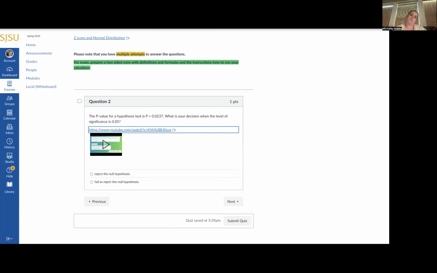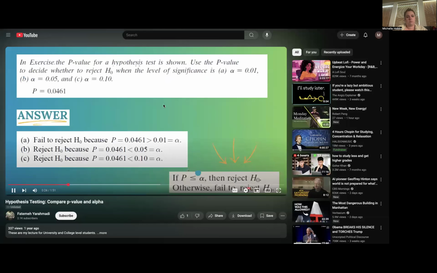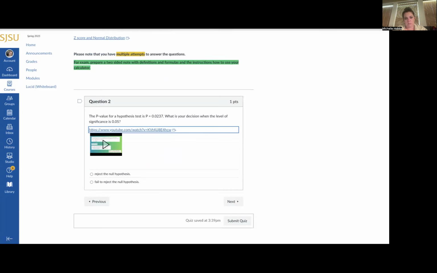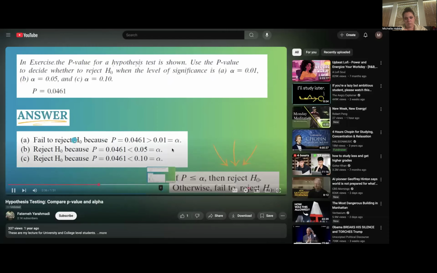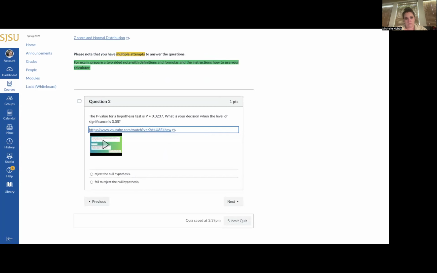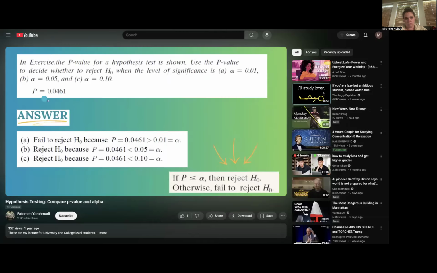First of all, remember that as long as p is less than or equal to alpha, you're going to reject the null hypothesis. Otherwise, you say we fail to reject the null hypothesis, or basically support the null hypothesis. In the first case, your p-value is about 5%.